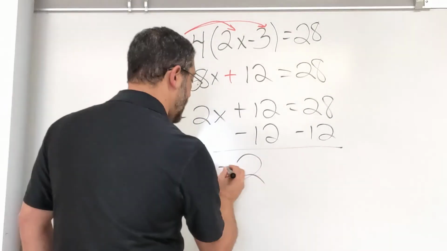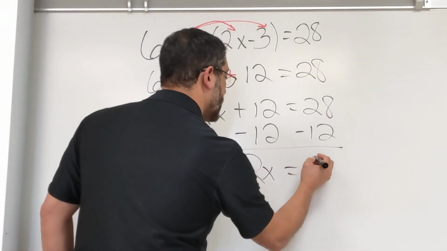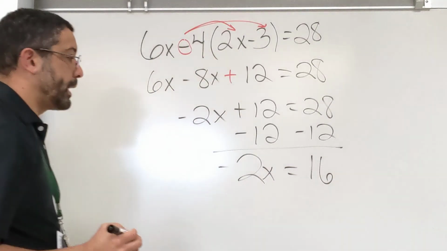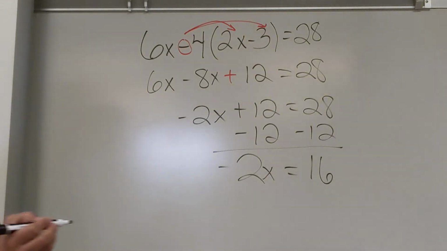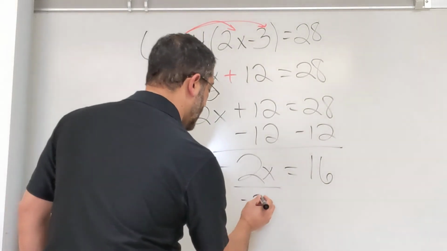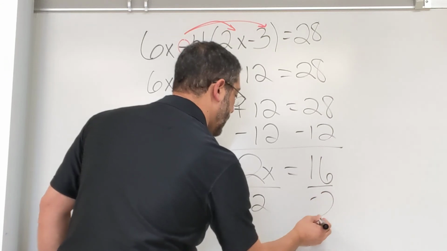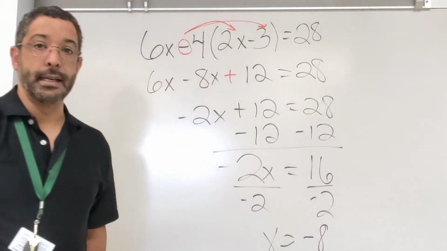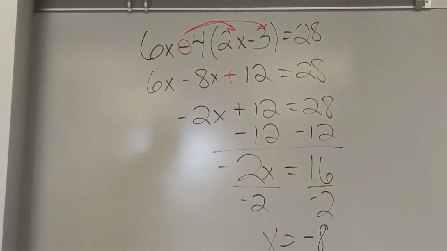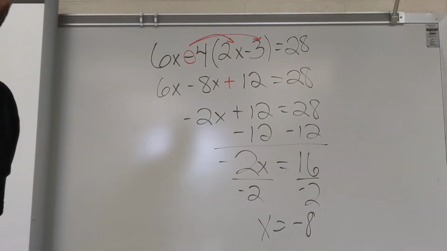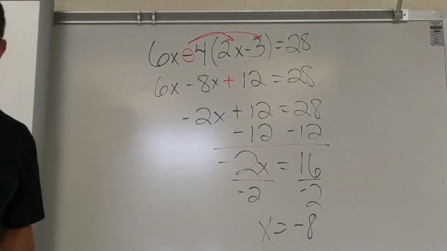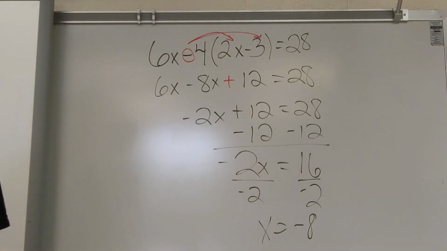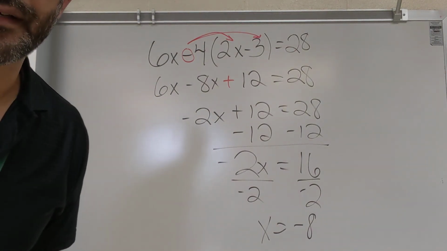So that gives me a negative 2x equals 28 minus 12 is 16. I divide both sides by a negative 2 at this point. And then x is going to equal a negative 8. So that's the first one. If you did this on your own, you should have negative 8 as an answer.